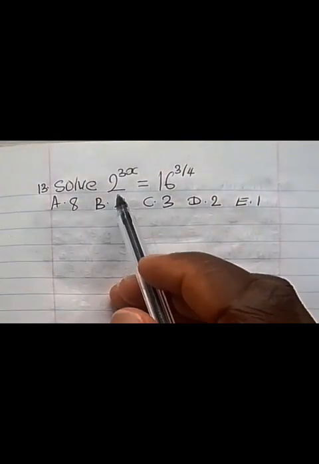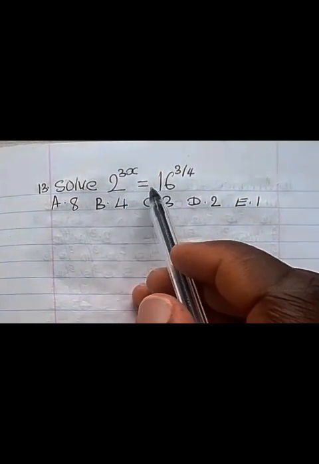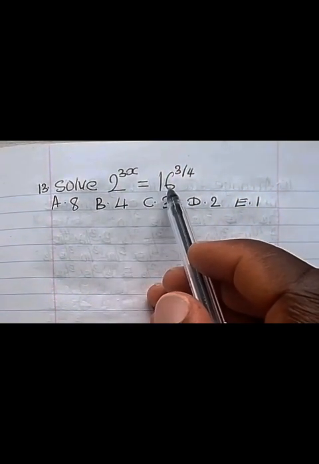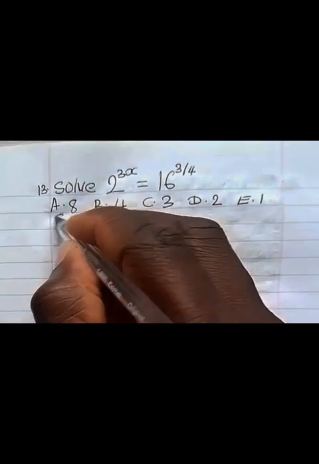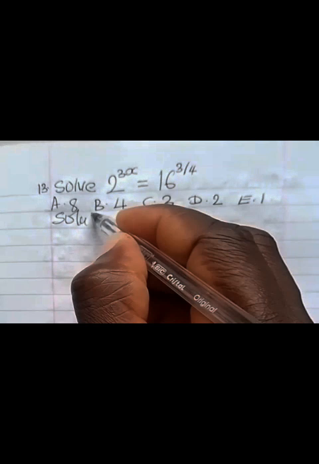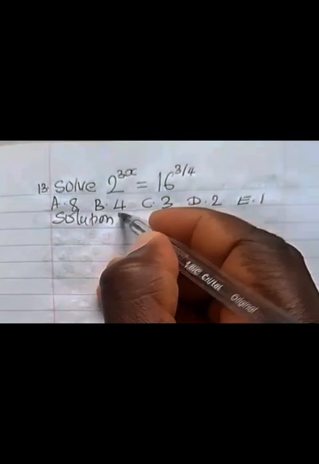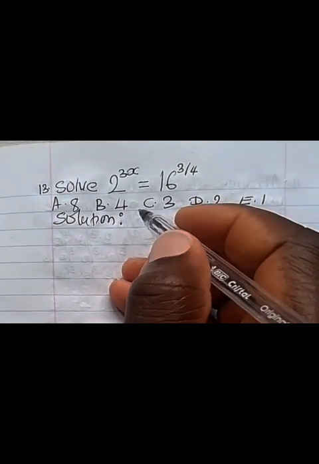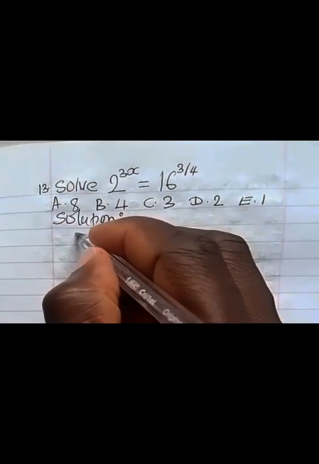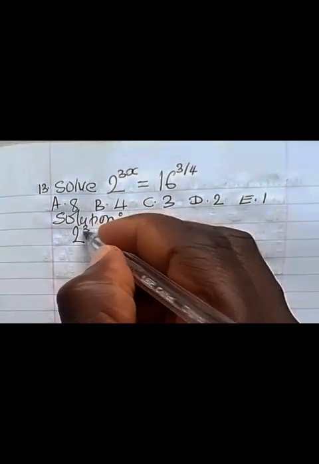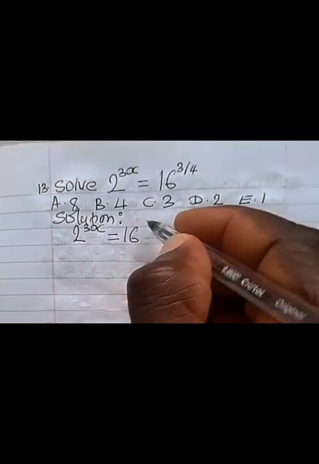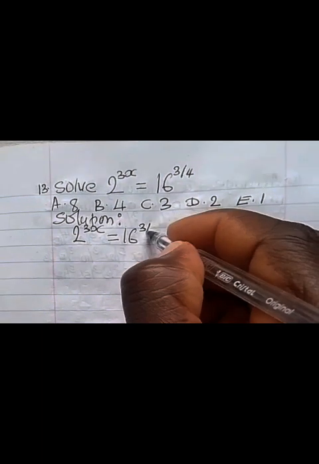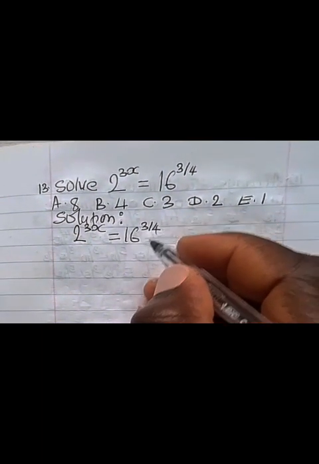Question 13. Solve 2 power 3s equals 16 to the power of 3 over 4. We have the solution. This is an exponential equation. We have 2 power 3s equal to 16 power of 3 over 4.